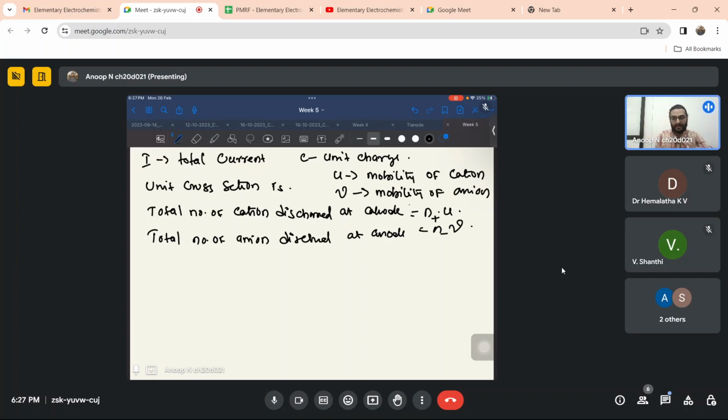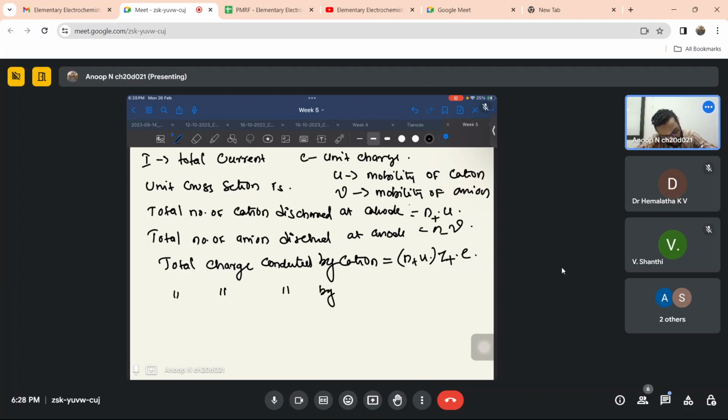Since we are applying a current, there will be a charge carried by the anion and the cation, so it will be distributed. The total charge conducted by the cation will be n plus u into Z plus into E. Similarly, the total charge conducted by the anion will be n minus v into Z minus into E. We have to maintain electrical neutrality.